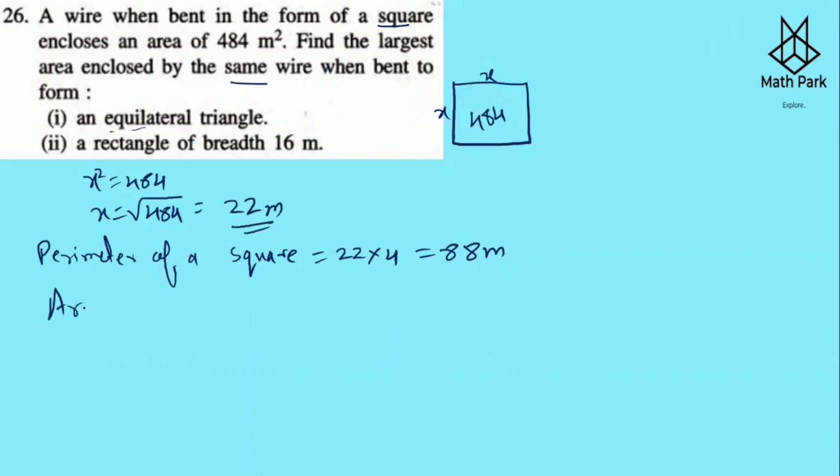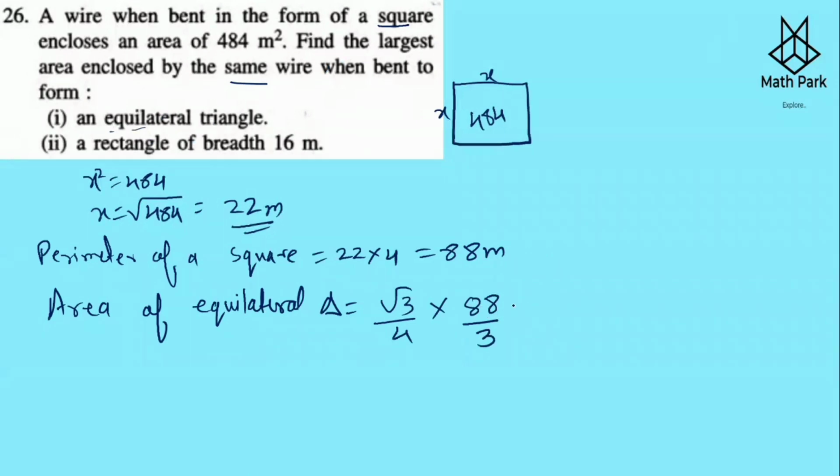Area of an equilateral triangle is equal to root 3 by 4 times side square. Now the side of the equilateral triangle, since the perimeter is 88, is going to be 88 divided by 3, because the sum of three sides is going to be 88. So let us calculate this together.